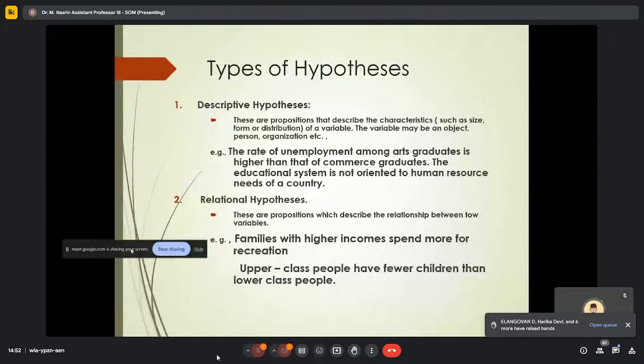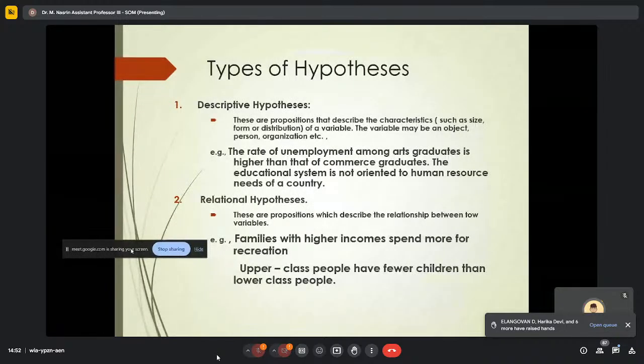Then the second type of hypothesis will be the relational hypothesis. Suppose I am adopting correlation as a statistical tool in my study, then I will be doing a relational hypothesis. Here I have given an example: families with higher income spend more on recreation. So whether families with lower income are not going for recreation, that is the question which arises.